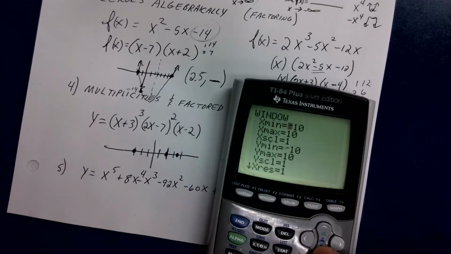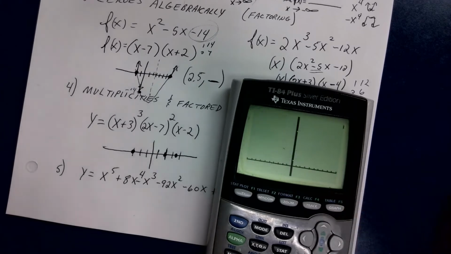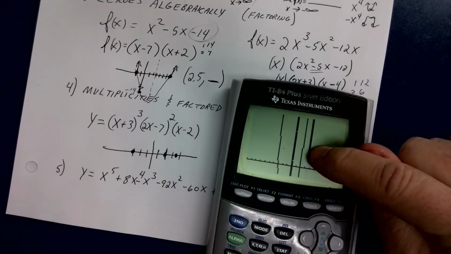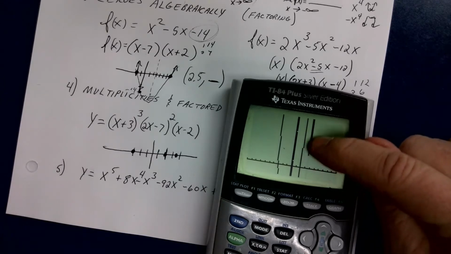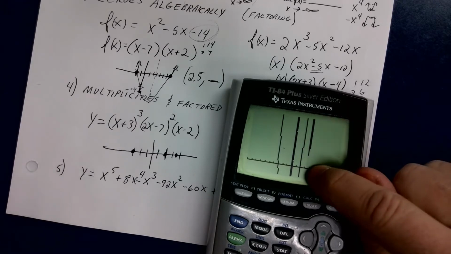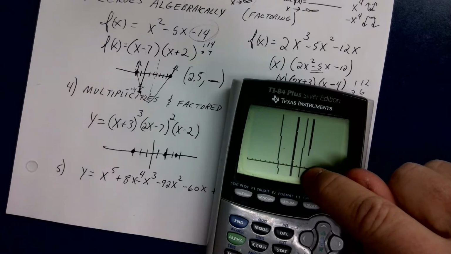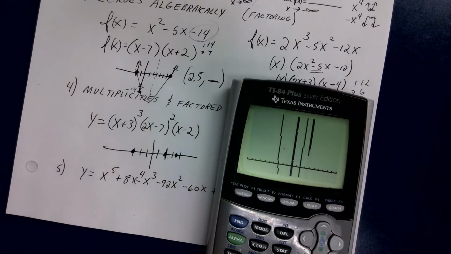I'm going to take my window and take my Y max up here to 50, and I betcha it's going to show up here now. Did you see it? So there's the thing that's happening at 3.5. It's just so skinny because it's a degree 6 and it's growing so fast that it can't even light up the pixels that come down here.